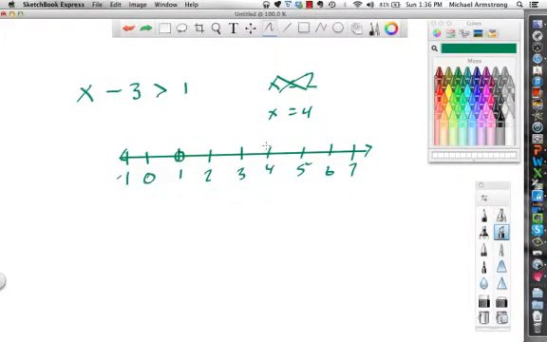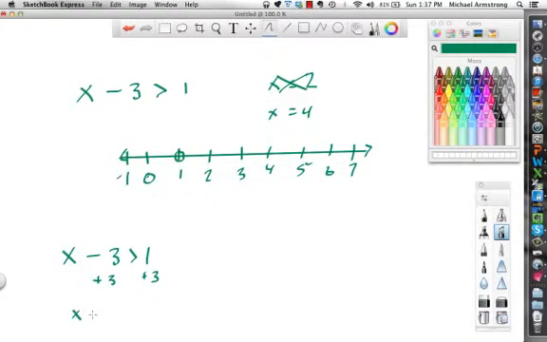So we can use the same idea that we used in algebra, where we added or subtracted, or we did the inverse operation. X minus 3, we want to get x by itself, so we're going to add 3 to both sides.